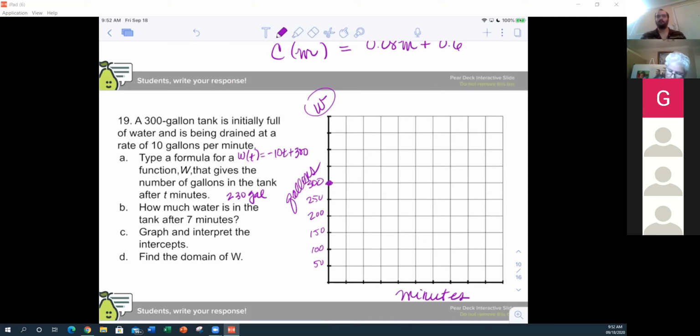We know that's where it starts, right? Right. Now we want to know what the x-intercept is. We know what the y value is on this axis. What is it every single time? What's the y value?